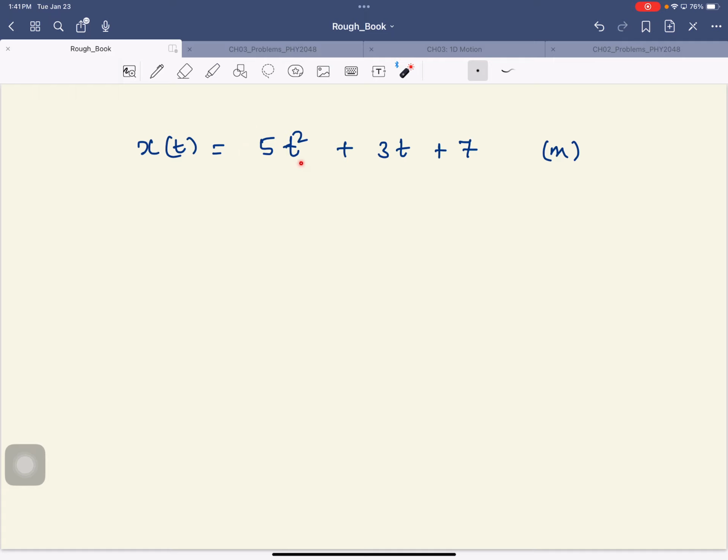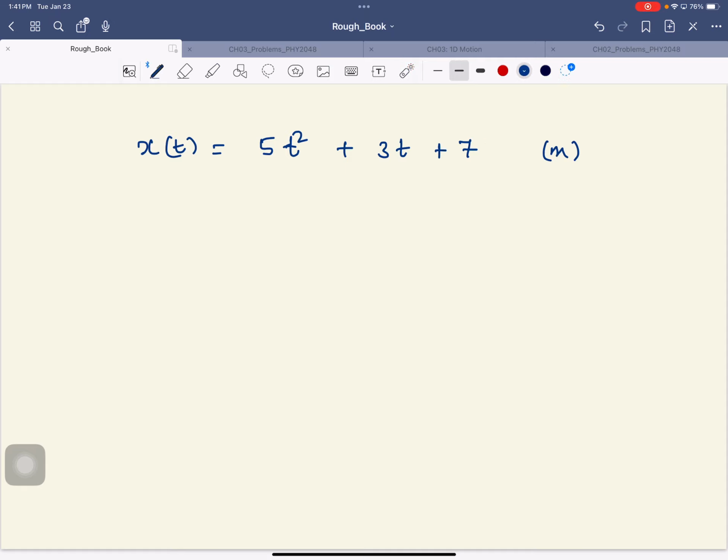What are the units for this guy? No, for this whole term, it has to be in meters. This is in meters. This is in meters.